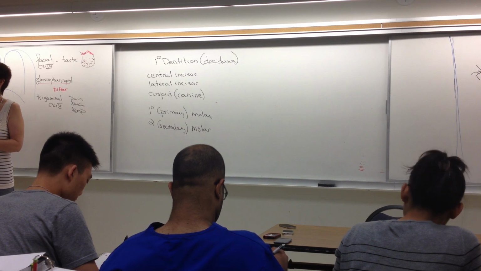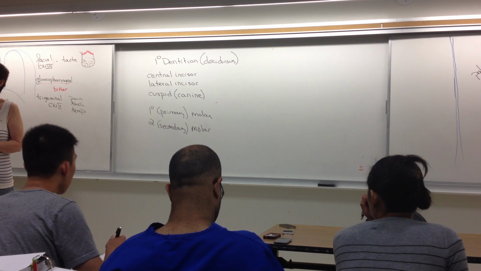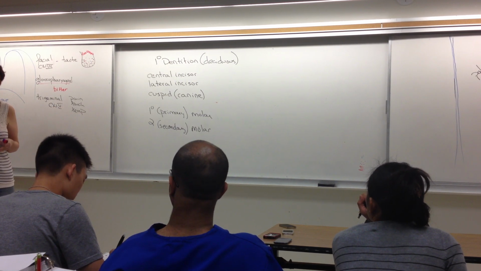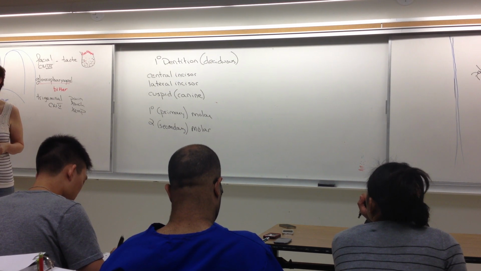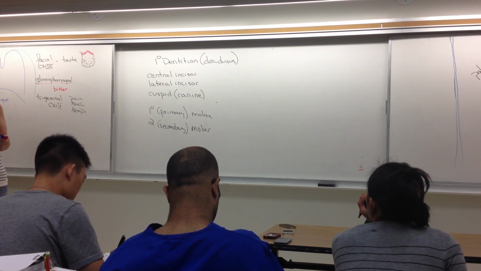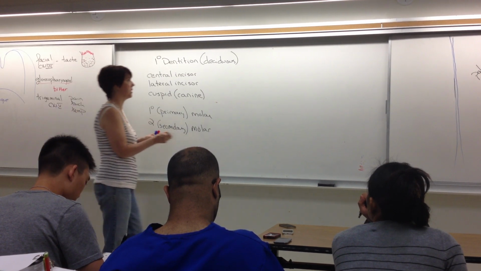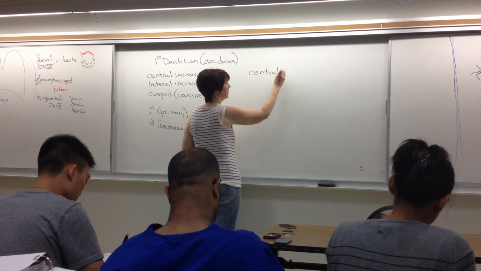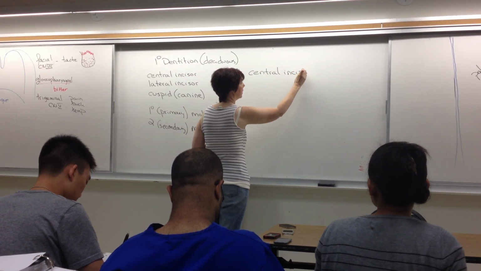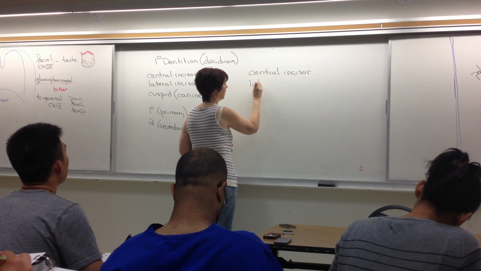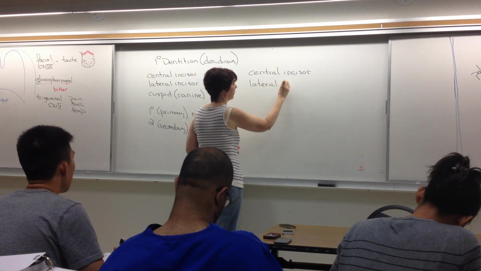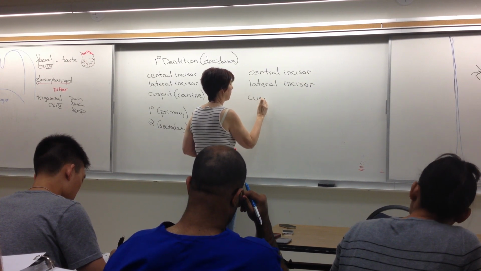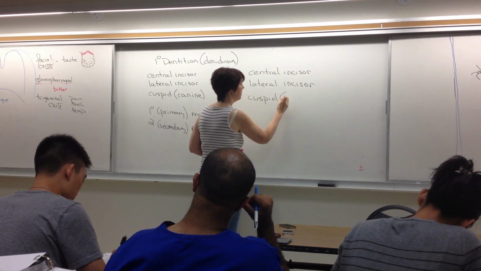When we move to adult dentition, all right, we add an extra 3 to each side. So you end up with a total of 32 teeth. So I'm going to add those in a different color. We still have a central incisor. A lateral incisor. A cuspid.